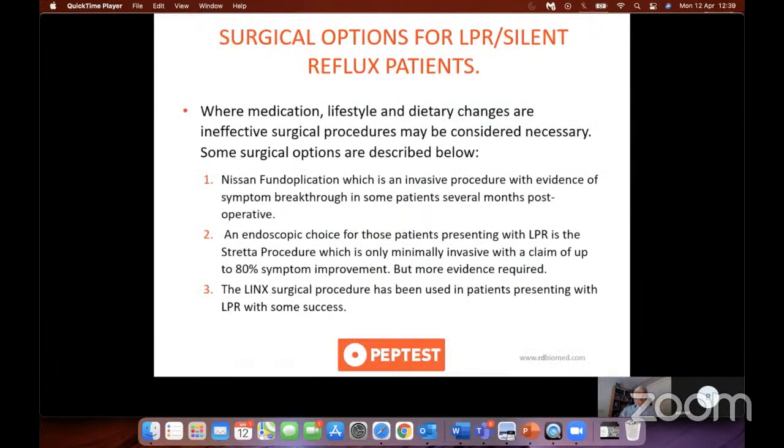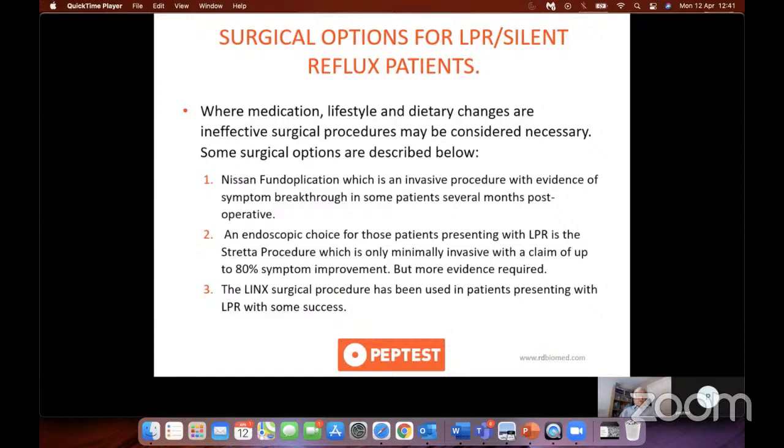Now, if the medication which patients have been put on, or lifestyle and dietary changes, are completely ineffective, there are in fact some surgical procedures which could be used on LPR patients and have been used on LPR patients. The first being fundoplication, which is considered a very invasive procedure, but one which is routinely used surgically.